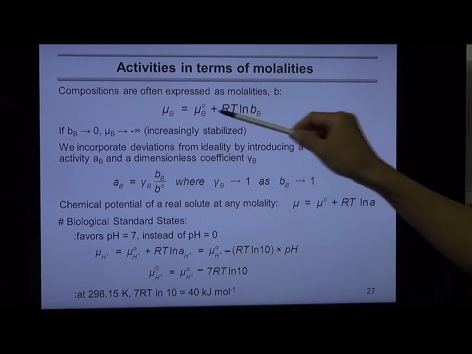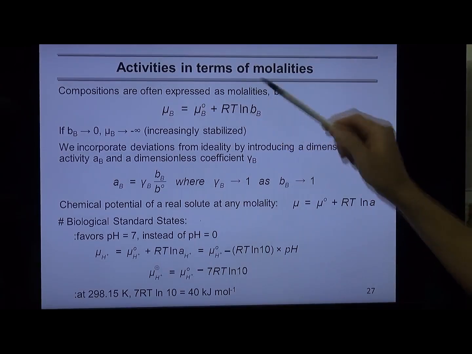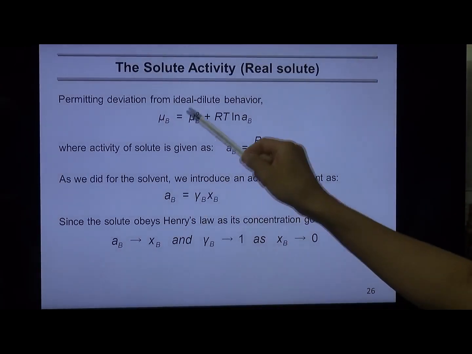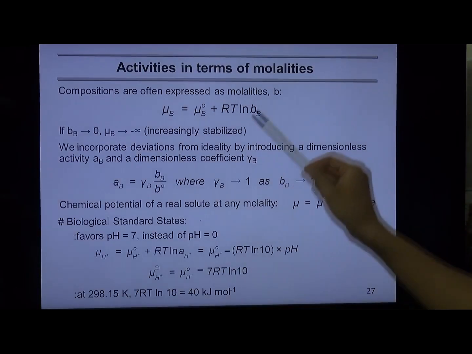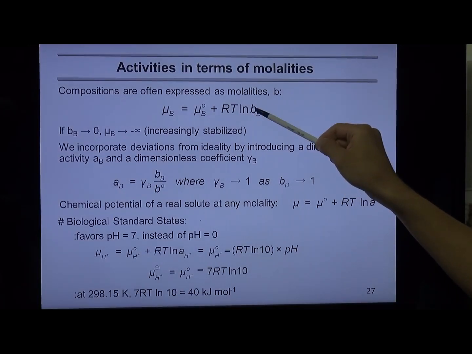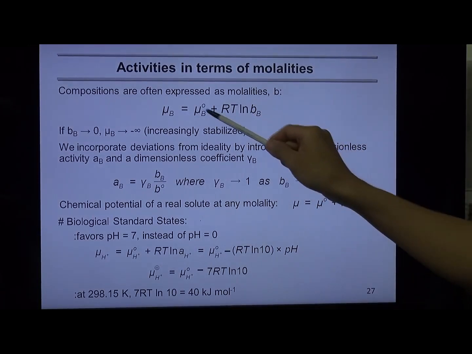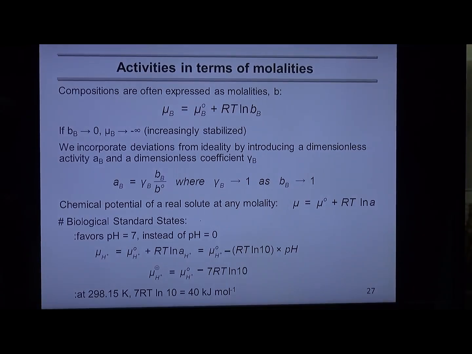In this equation, mu B naught is not the same as this one, because we changed the XB to molarity, so this number is different. That's pretty much all. You can just ignore this part.